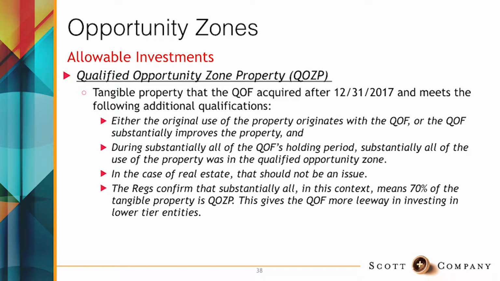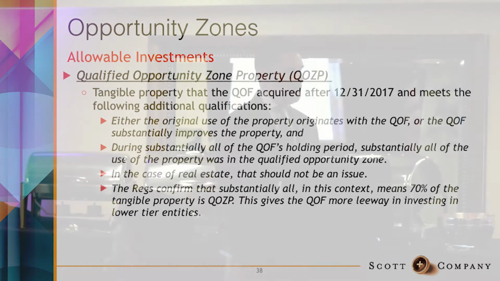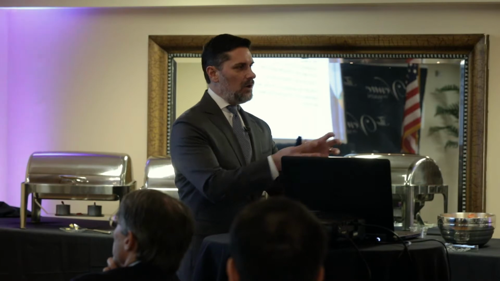And the regs have one definition of this phrase, substantially all. In this context, it means 70% of the tangible property is in a zone. And you'll see a couple different percentages thrown around with these. This is one of the percentages that they've talked about that has to be met. So this is one of the certification rules, that 70% of the property owned by a qualified opportunity zone business.